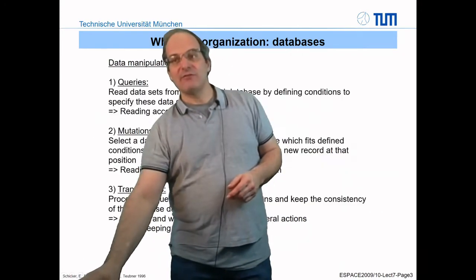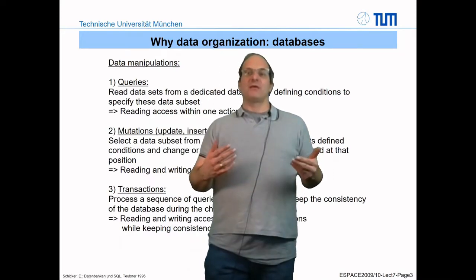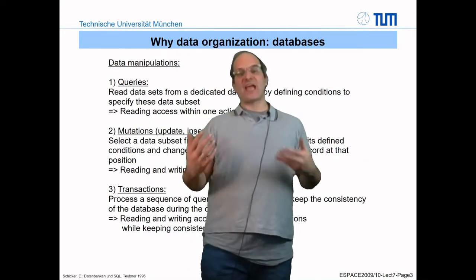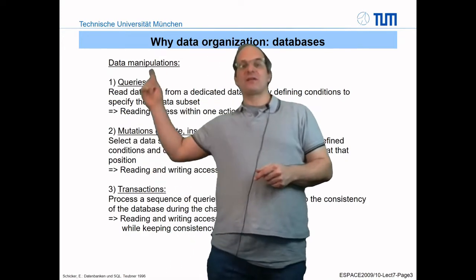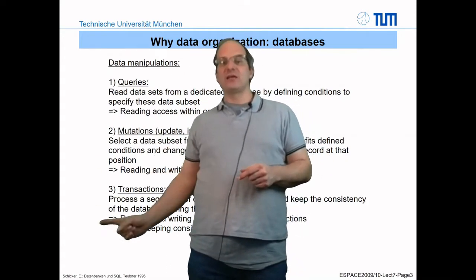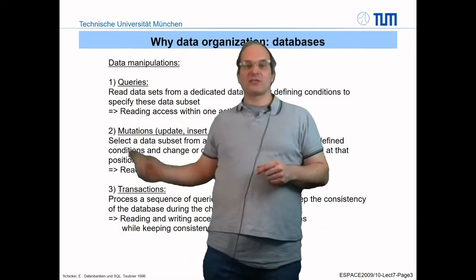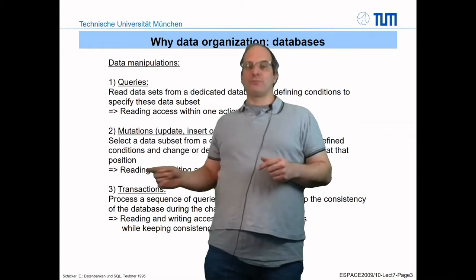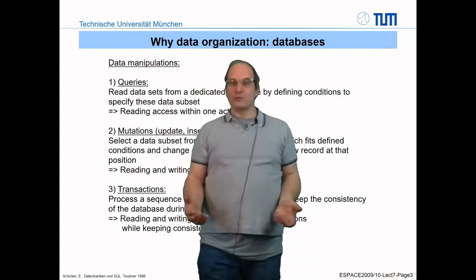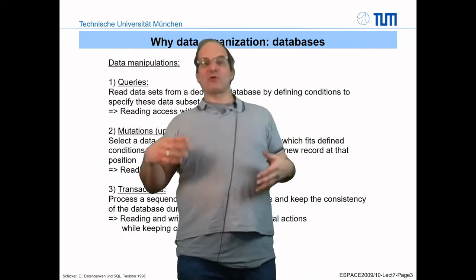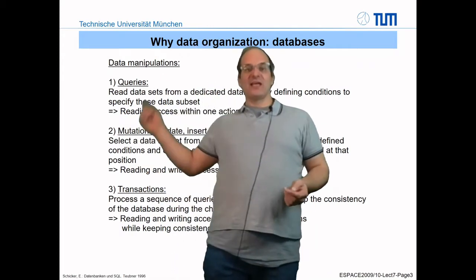If you look into this, you already heard about mechanisms to change or to request data from the databases. They are called data manipulations, and there are three different types, where the third one is just a combination of these two. The basic thing, and what you always do if you send some request to a search engine, for example over the internet, is this one.